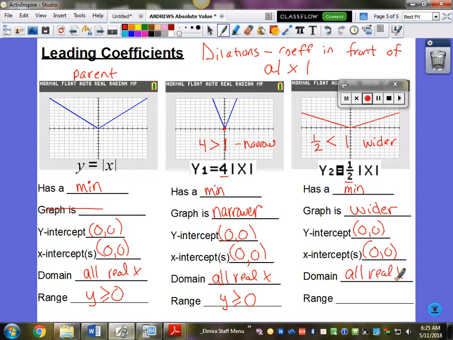All real x. Range, here's my lowest y value. Here at 0, 0, all the y values go up from there. Y greater than or equal to 0.